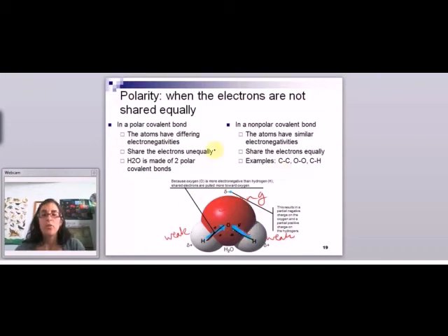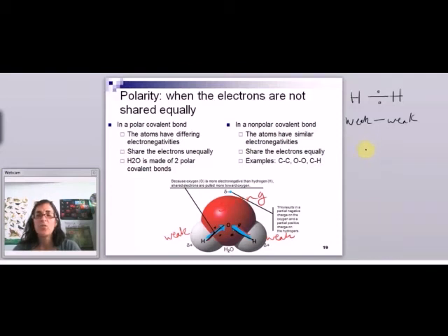In a nonpolar covalent bond, you have atoms that have similar electronegativity. Earlier I was drawing this as weak bonded to weak. So for example, hydrogen has relatively low electronegativity bonded to itself, which also has low electronegativity. Then those electrons are going to be shared very evenly.